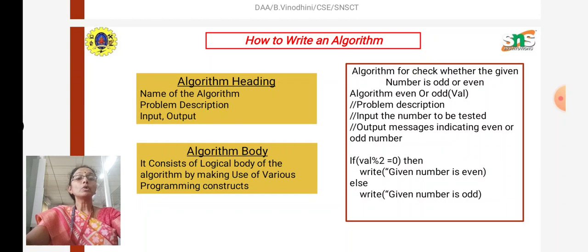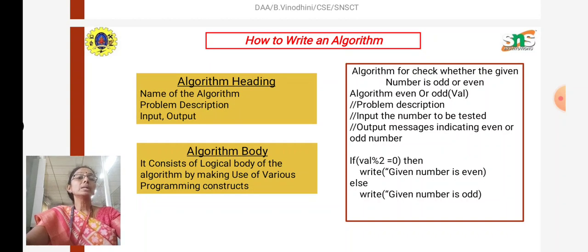The algorithm body consists of the logical body of the algorithm, making use of certain programming constructs. For example, on the right side we have a sample algorithm that shows how to check whether a given number is odd or even.